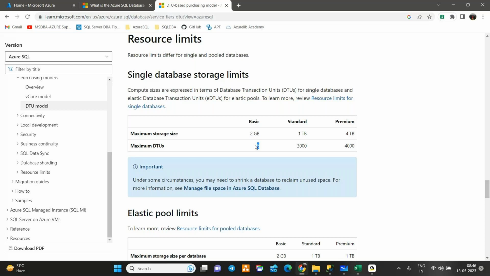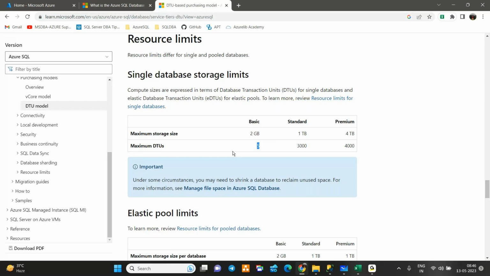So when you are deploying your Azure SQL database in the DTU purchasing model with basic, your database size can be only 2 GB, and you get only 5 DTUs.